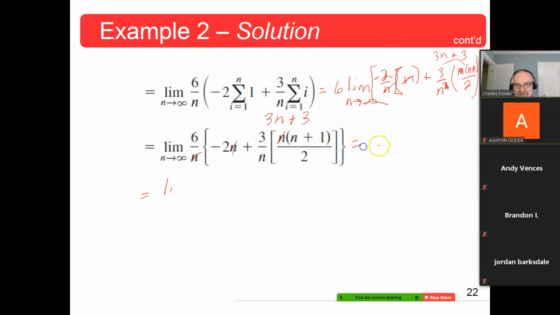Here, I'll write it over here. This will be the limit as n approaches infinity. What do we have left? We have 6 times a minus 2. That would be a minus 12. And here we have plus, I've already multiplied these together and got this.